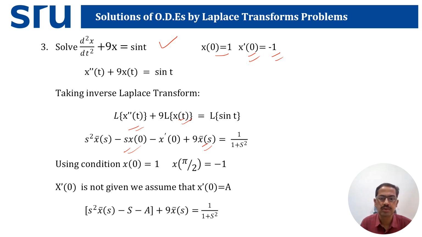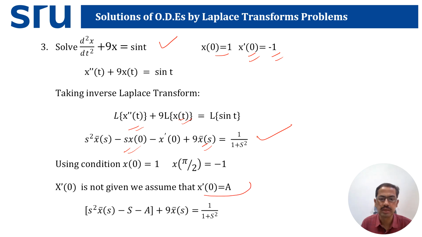So the Laplace transform of sin t is 1 by 1 plus s square. Right? Here the initial conditions: x of 0 is 1, and x of pi by 2 is minus 1. And x dash of 0 is not given in the given function.